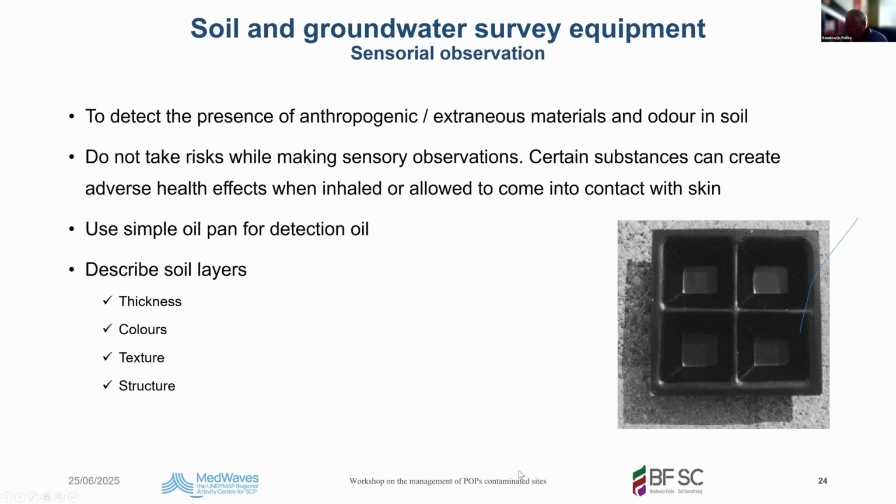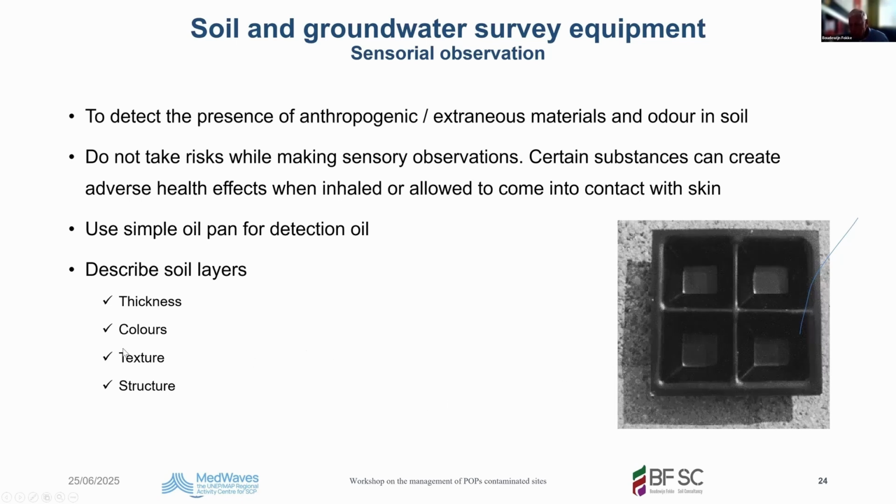And you describe the film with plus or minus or a large or small, but you take a consistent description. And then with this simple test, you can already tell what the potential concentrations are of your contamination with oil. So this gives an indication, and you record that on your bore log.